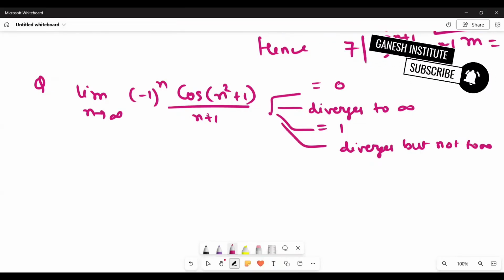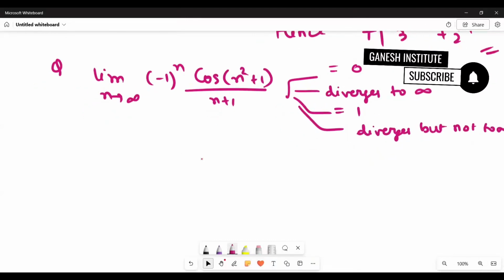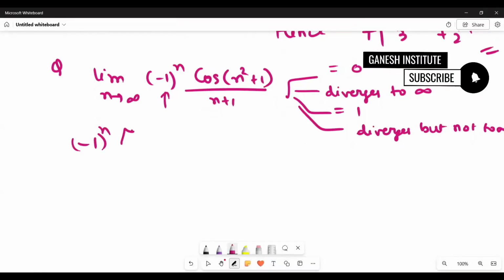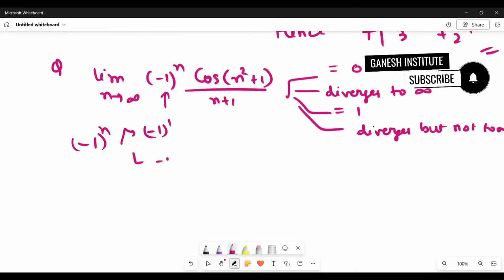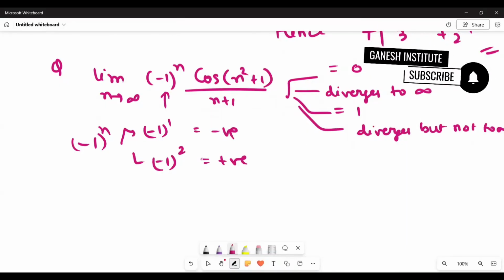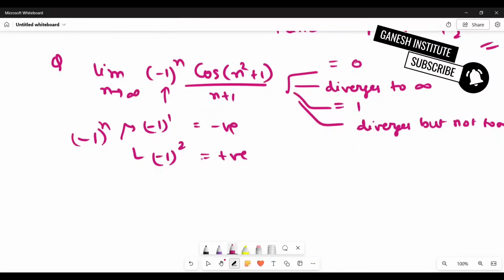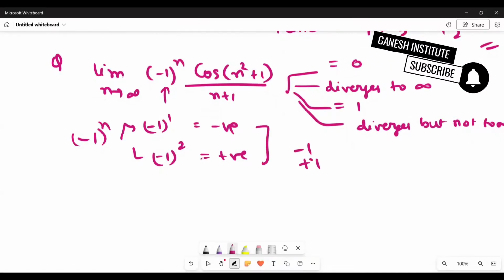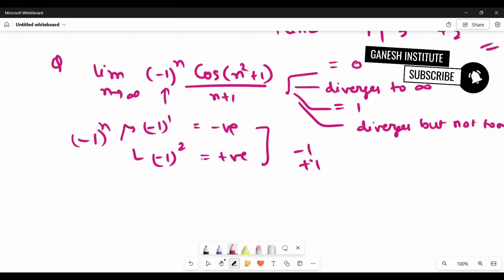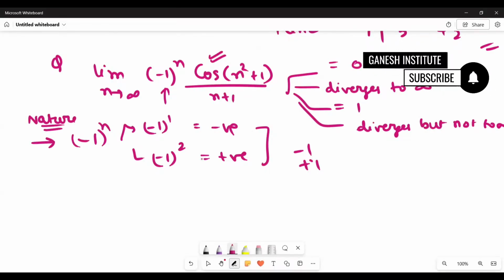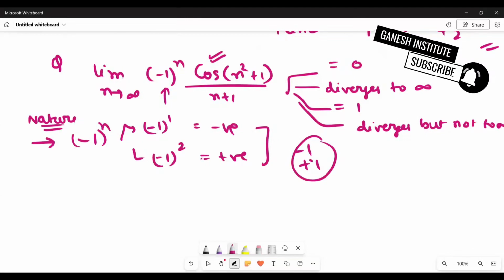So firstly, you can see I have minus 1 raised to power n, which you know is an oscillating function. Sometimes it gives me a negative value, sometimes positive. So it will always alternate between negative 1 and plus 1. And then you have this cos. If you want to find out the nature of every part, first is minus 1, which is oscillating between these two values.